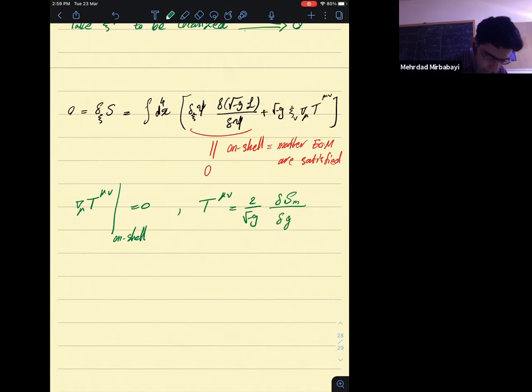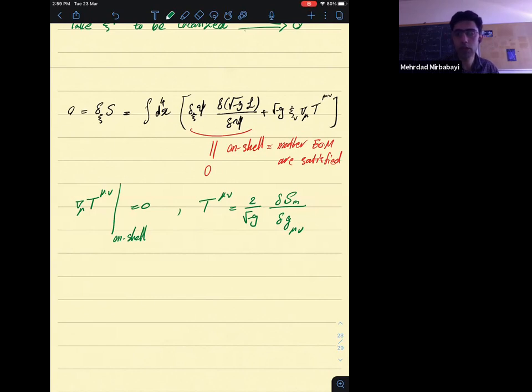It means that we replace that function by delta function times an infinitesimal, and then you do the usual variation. The same way that we do variation with respect to the fields to derive equations of motion. So that is now a new definition of T mu nu, the energy momentum tensor.